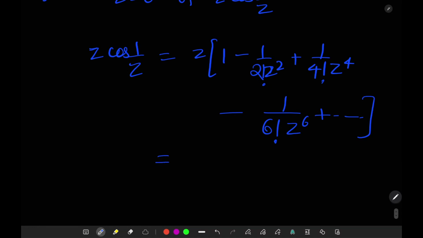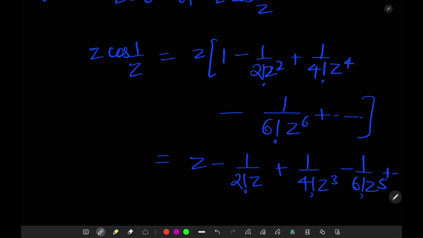Now multiplying this by z, we get z minus 1 by 2 factorial z plus 1 by 4 factorial z raised to power 3 minus 1 by 6 factorial z raised to power 5 up to so on.